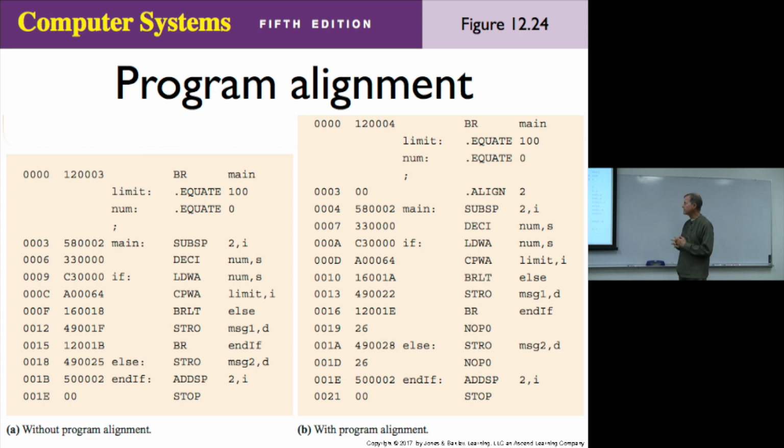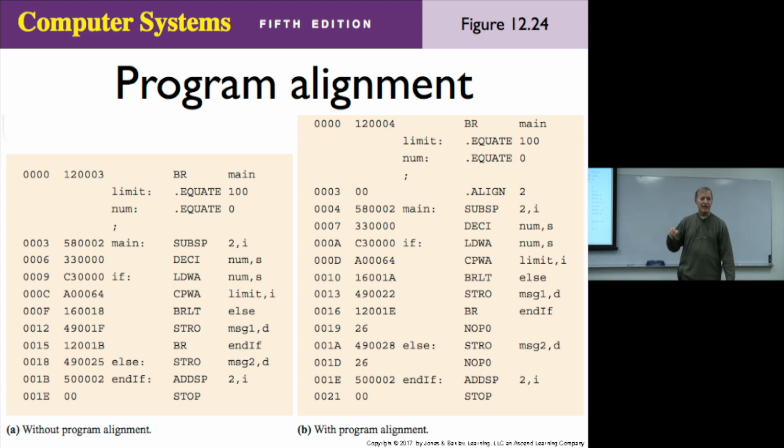Now, why did we do that? Why did we have to align the main program to be at 0004? Well, whenever the program executes the first instruction in main, when it fetches that, it's got to know that the instruction specifier at main is even and it hasn't been fetched yet.